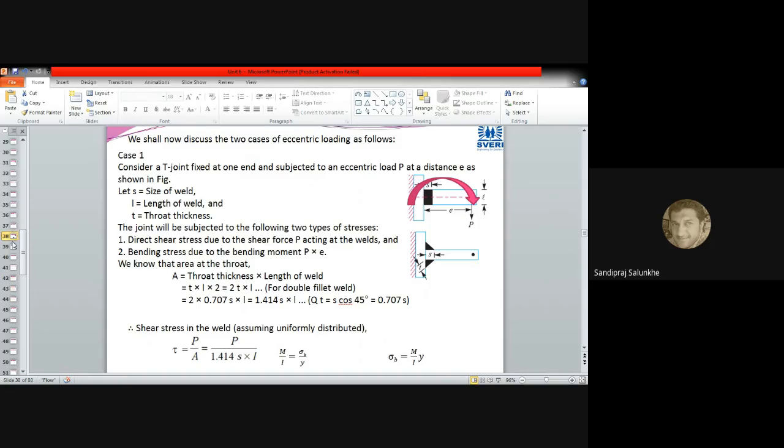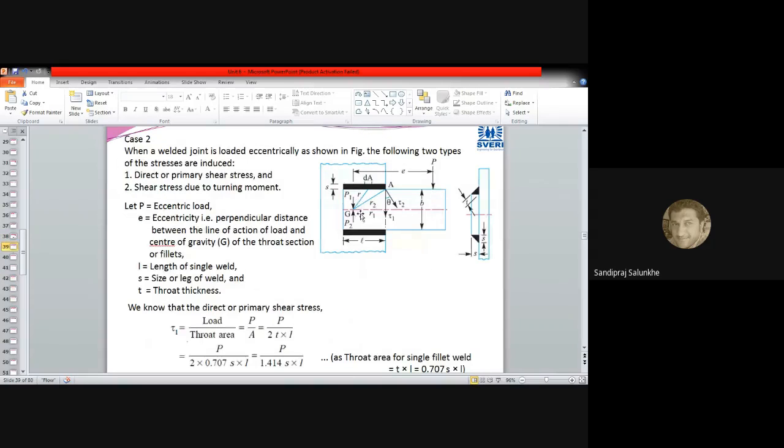But here you can consider that the CG of the total weld is at G. This eccentric distance is measured from this CG and is equal to e.